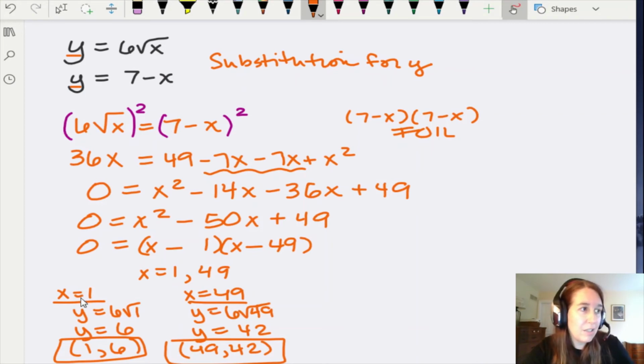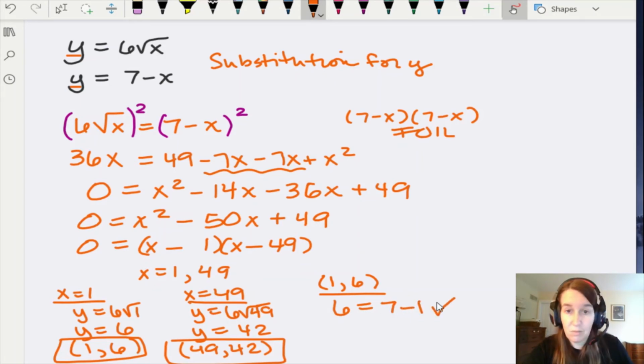So if x is equal to 1, we got 1 comma 6. We are now going to check, does 1 comma 6 work in equation 2? So that's y equals 7 minus x. So 6 equals 7 minus 1. Yes, right? That worked. All right, the other point we have is 49 comma 42.